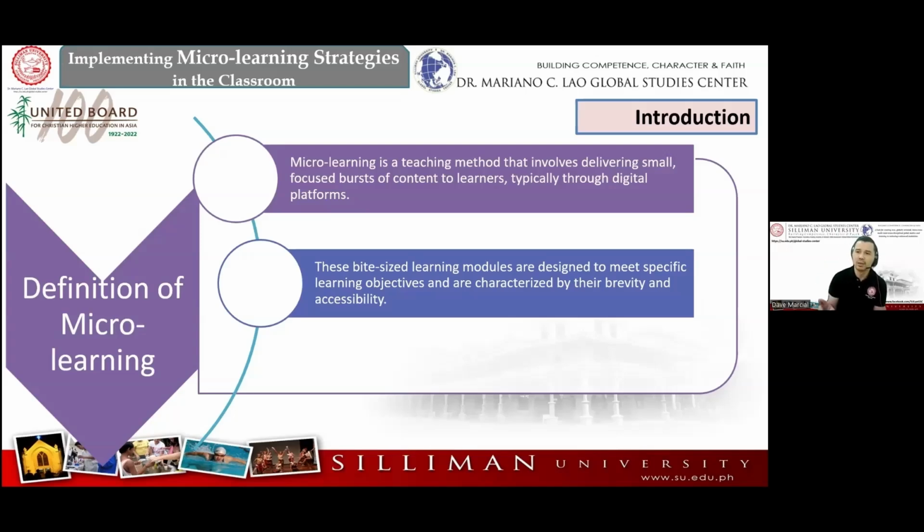You have to take note that the idea in microlearning, because this is in a technology enhanced environment, is not only on content, but it's also emphasized on accessibility. Sometimes students do not download your material because it's not accessible. And when you say accessible, it's not only about the internet, but it's about how large and how big the file is.